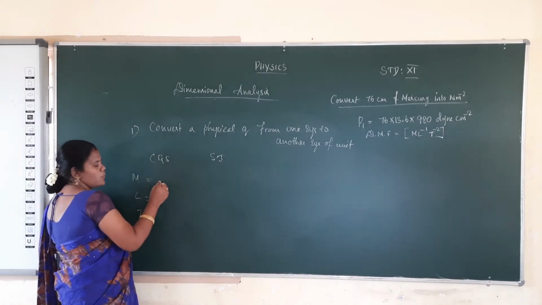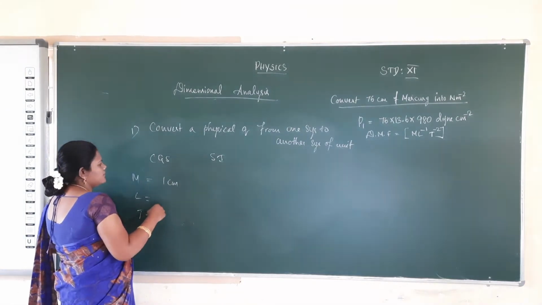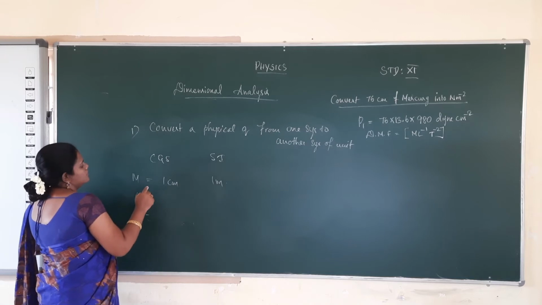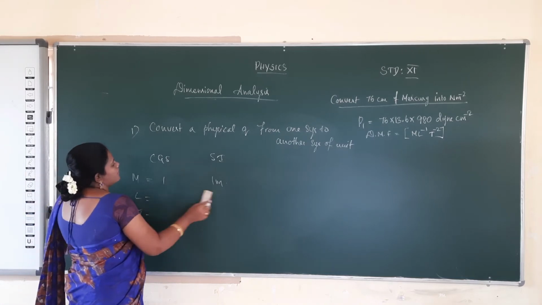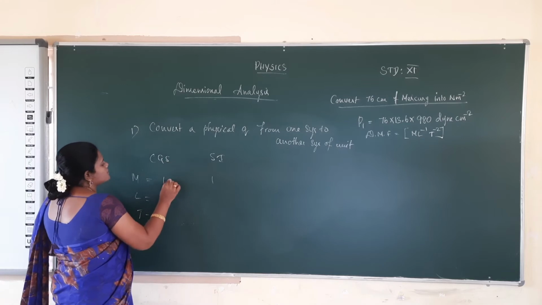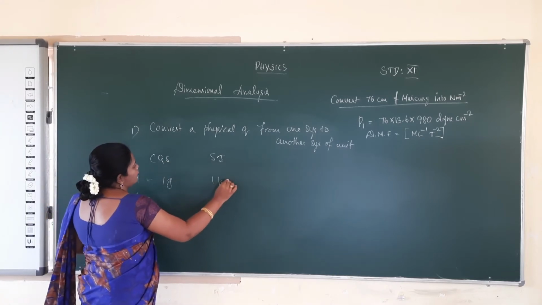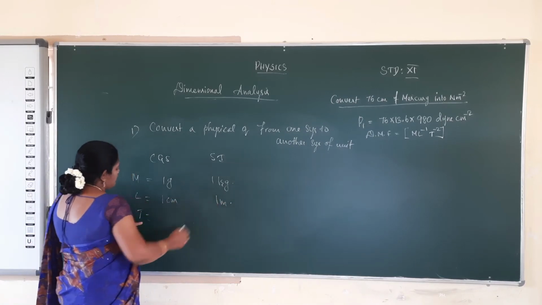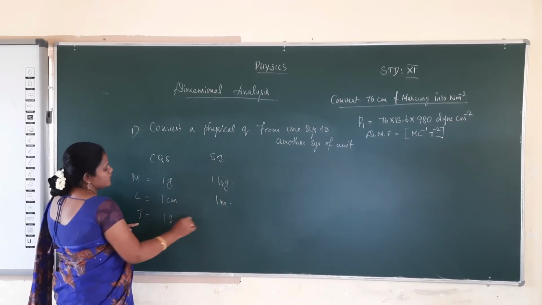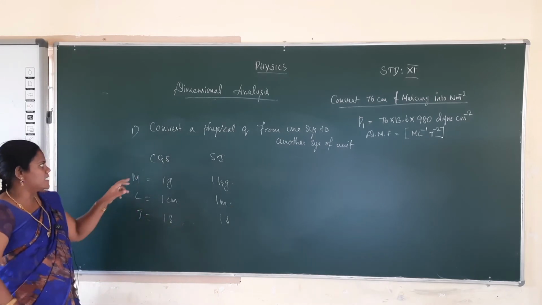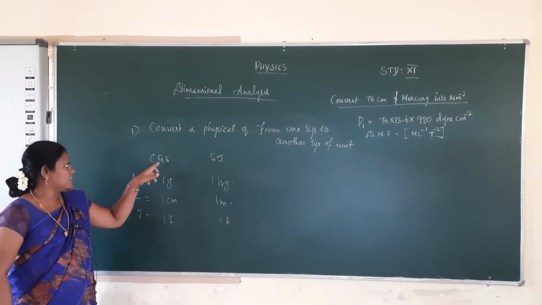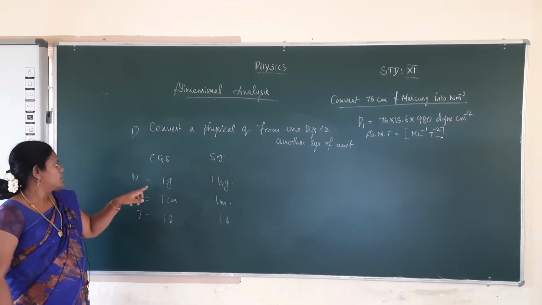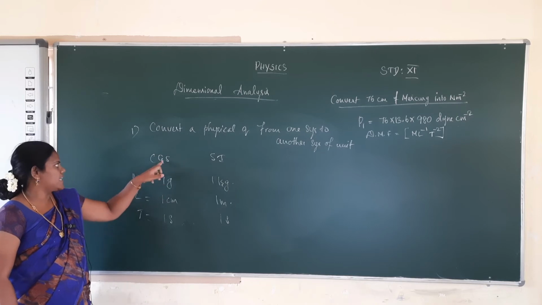Length in CGS is 1 centimeter, in SI system 1 meter, and mass in CGS is 1 gram and in SI 1 kilogram, and time is 1 second and 1 second. What's the reason? CGS means centimeter, gram and second. So length will be mentioned as 1 centimeter, mass as 1 gram, and time as 1 second.